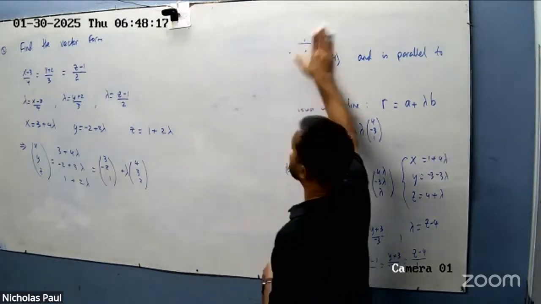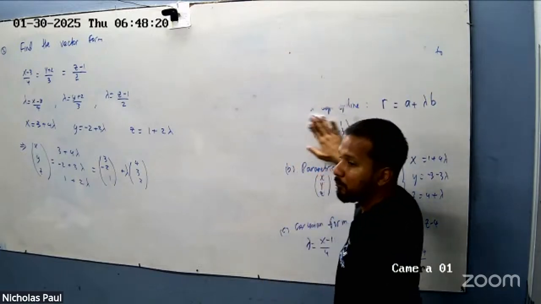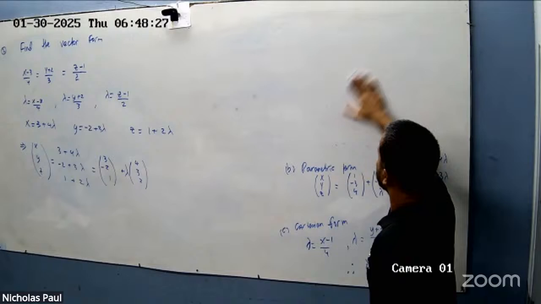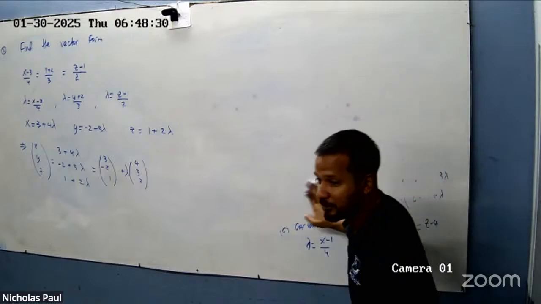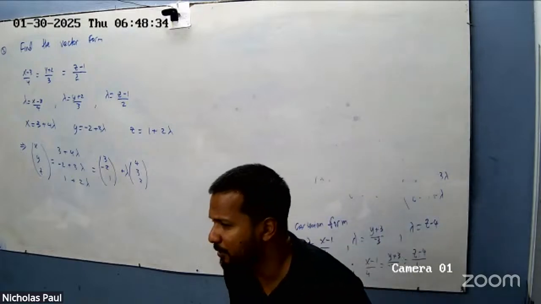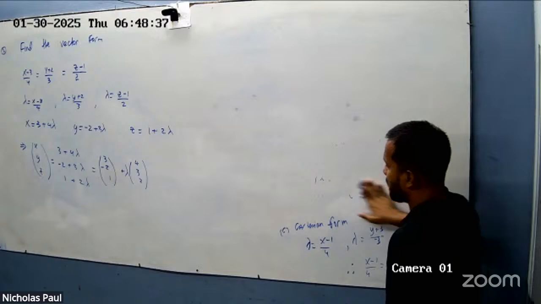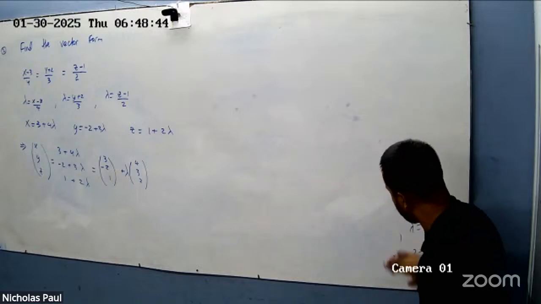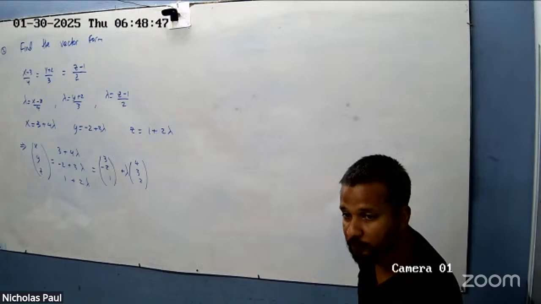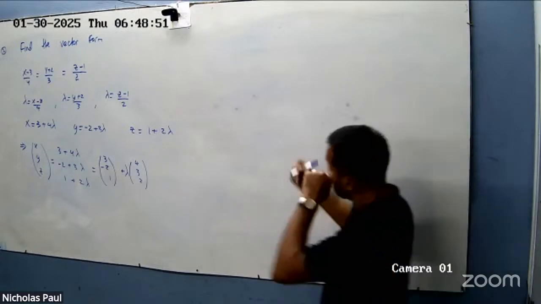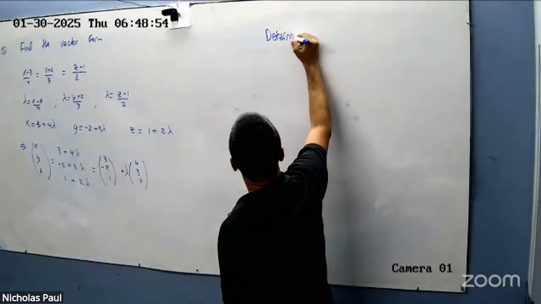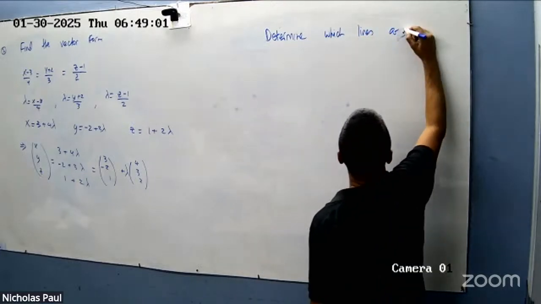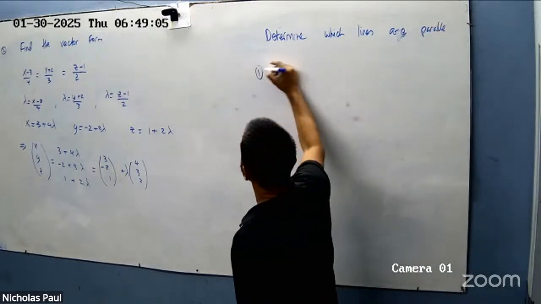How will you know if those two lines are parallel? Anybody? How will you know?